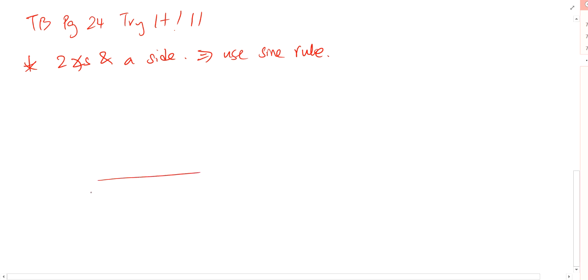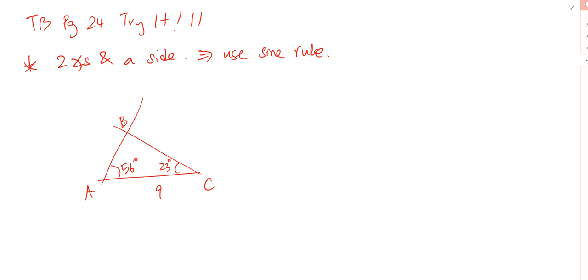AC is 9. BAC is 56 degrees. ACB is 23 degrees. Find the sides BC and AB. Do you understand what they want?